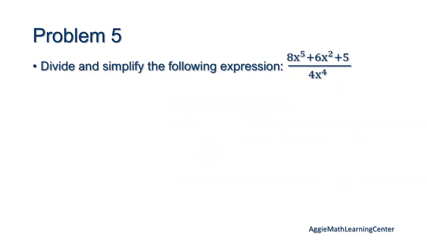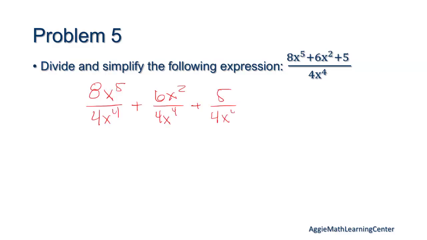I like to put everything over, 8x to the 5th over 4x to the 4th plus 6x squared. Gotcha. So we've got 8x to the 5th over 4x to the 4th plus 6x squared over 4x to the 4th plus 5 over 4x to the 4th. Wonderful.